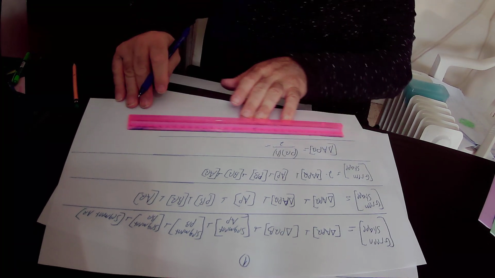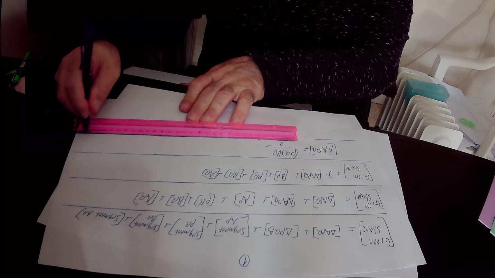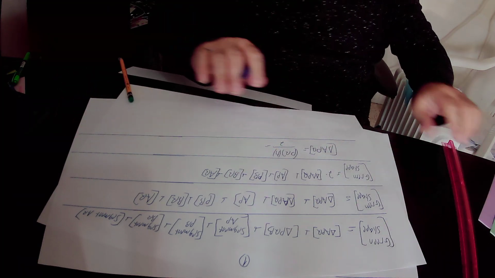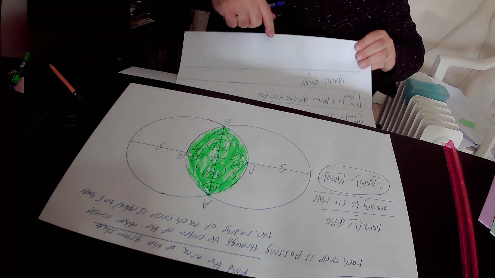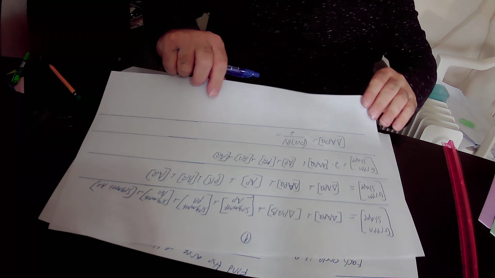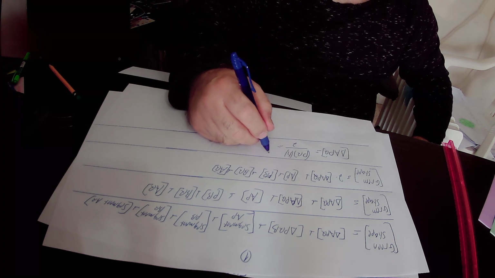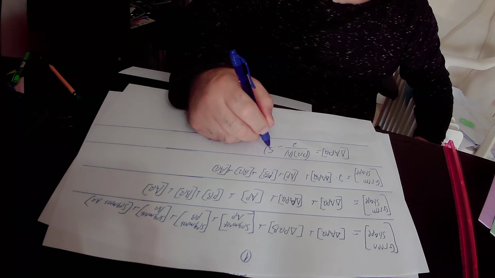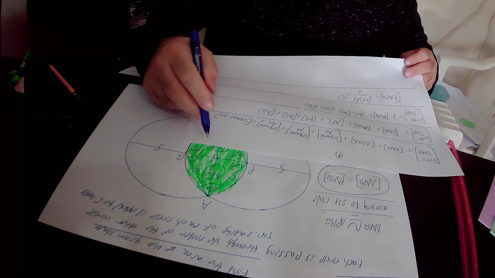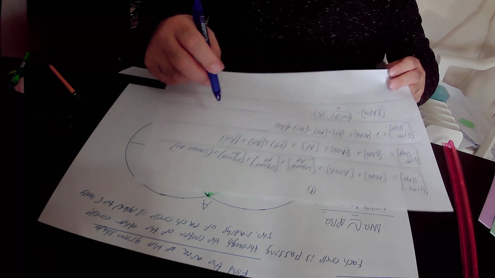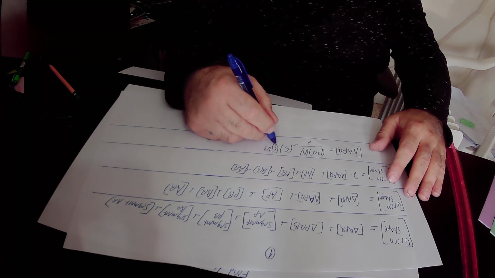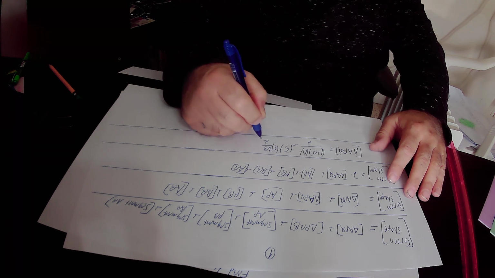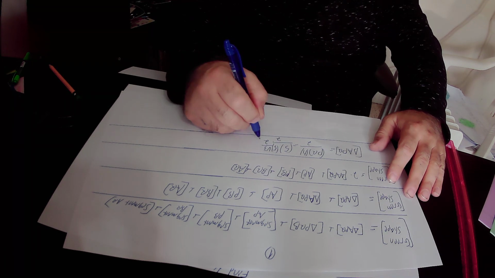So here we have already found out that PQ equals 5 units. The base is equal to 5 units, and H equals 5 times square root of 3 over 2, and all divided by 2.